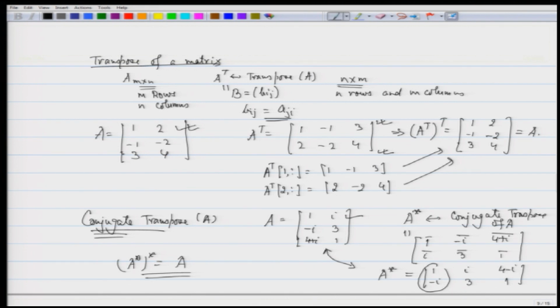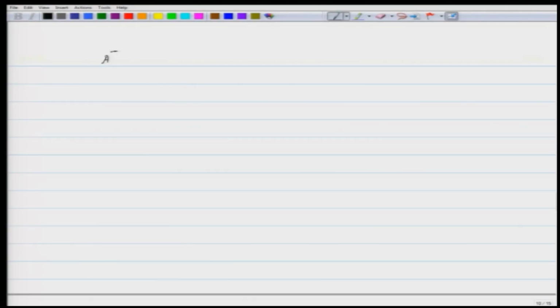Now I would like you to understand what is called matrix addition. Here I just looked at certain things which was conjugate. So, given A, I could compute A transpose and I could compute A star.